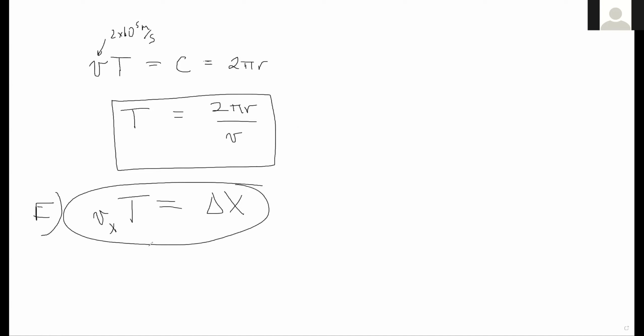So r equals mv over qb, so the v's cancel. Well, you would use the answer from part C. You could just use the answer, but I like your thinking of going after an analytical answer first. So if you do 2 pi and then plug in r is mv over qb, and then there's a v, and then you can cancel the v's.